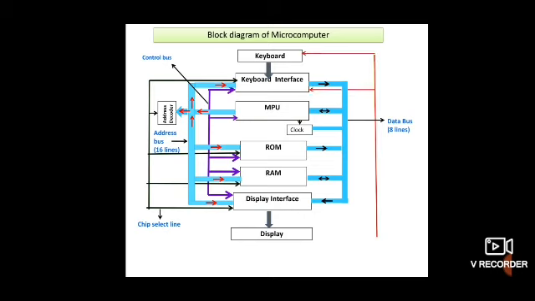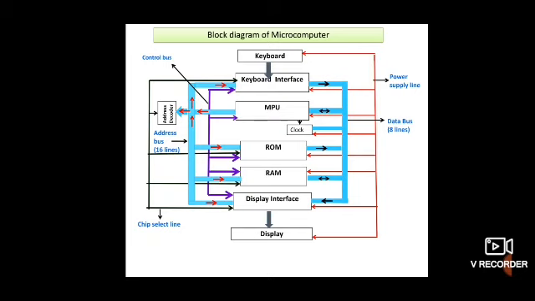See, this power supply line is attached to every block in microcomputer, starting from keyboard and ending at display. The microprocessor needs plus 5 volt supply.